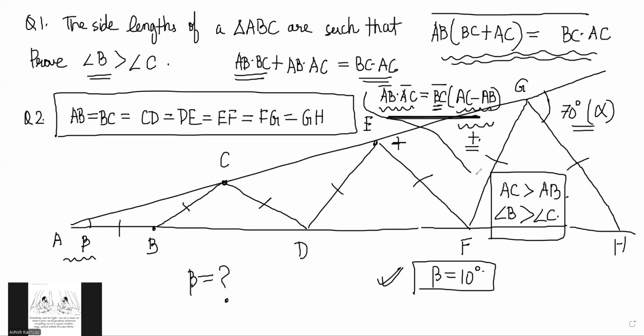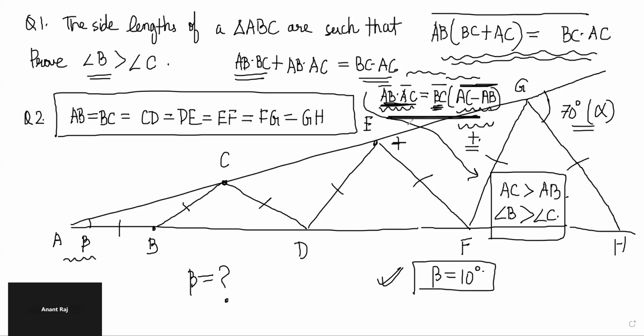It is simple two steps and getting an equality like this, which proves that AC must be bigger than AB because everything is positive, and that just finishes the problem for us because we got one side bigger than the other.